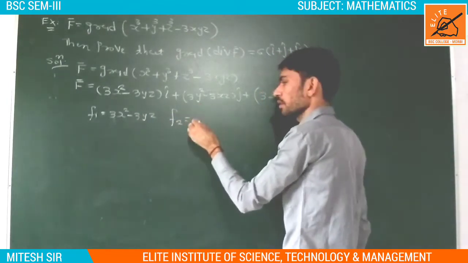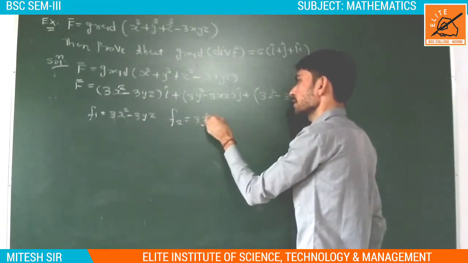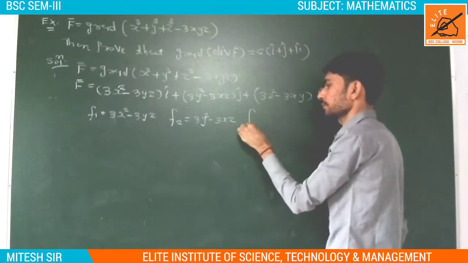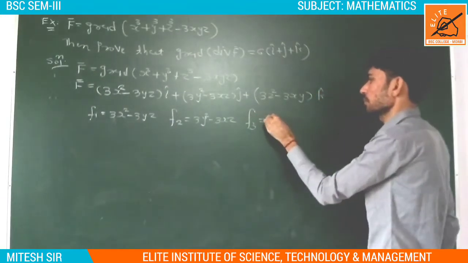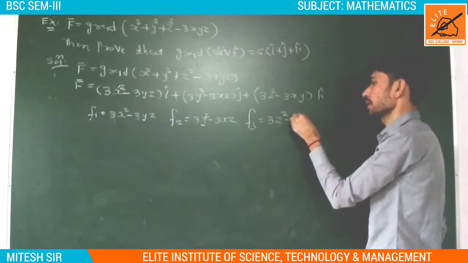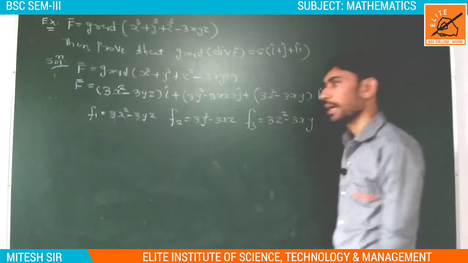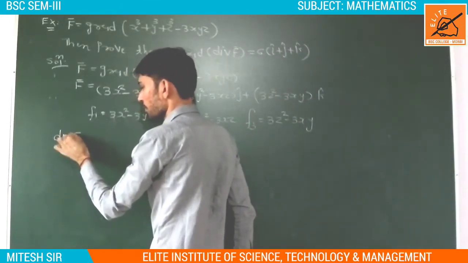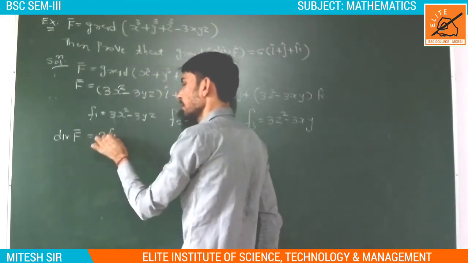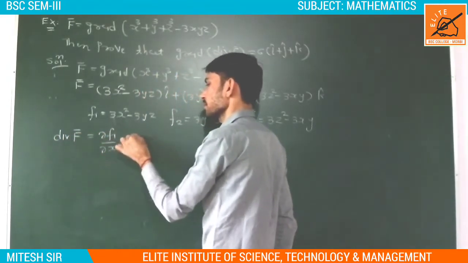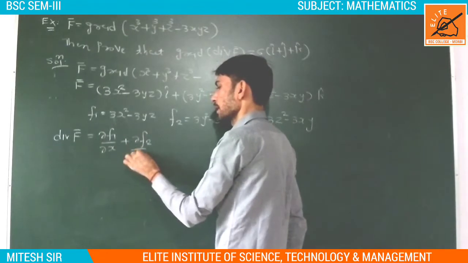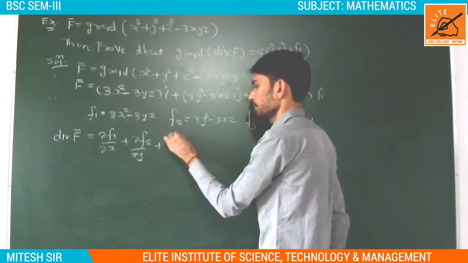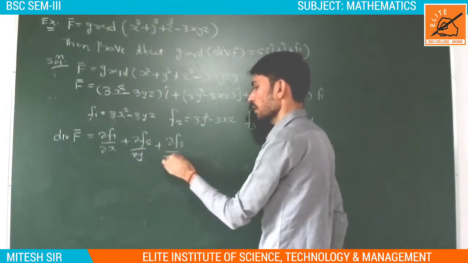Our f2 is this term 3y square minus 3xz. Our f3 is this term 3z square minus 3xy. Now we apply the divergence of f bar, which is equal to del f1 upon del x plus del f2 upon del y plus del f3 upon del z.